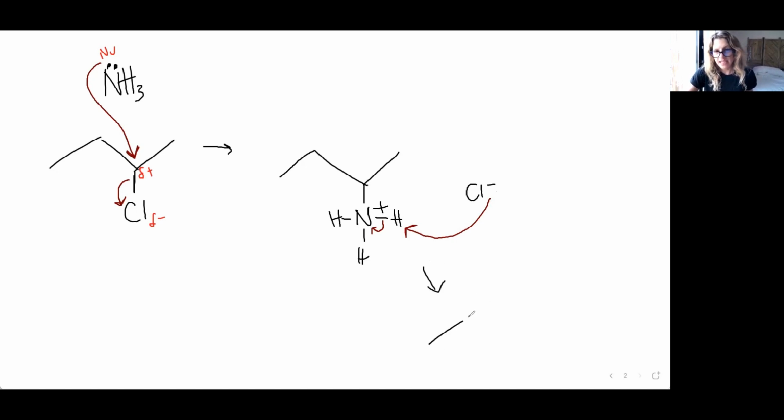And this would be the substitution overall, with HCl as a side product.